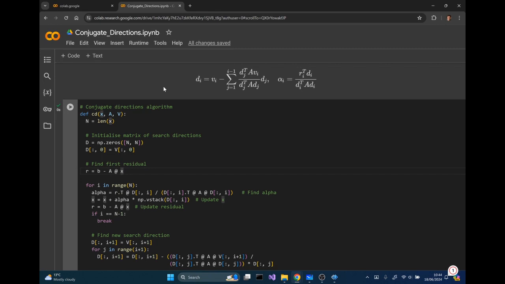We need the residual because it's in our computation of alpha, which is written up here. And then we're going to let our algorithm run for n iterations.